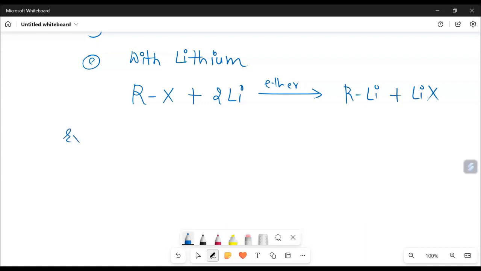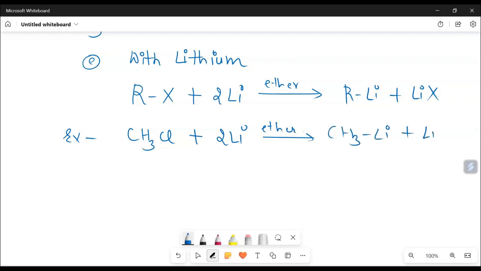The reaction goes like that. Example, CH3Cl plus 2 moles of Li in the presence of ether. It will give CH3Li plus LiCl. So this is a reaction, and you can remember that also.